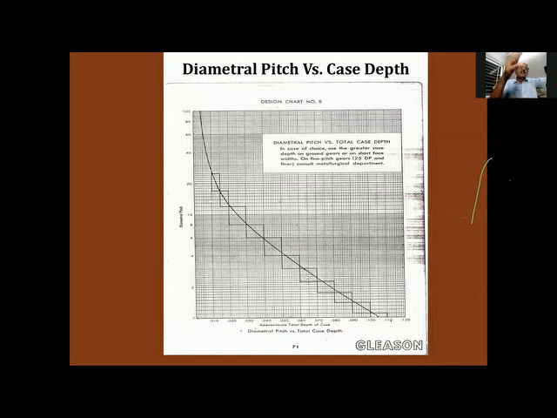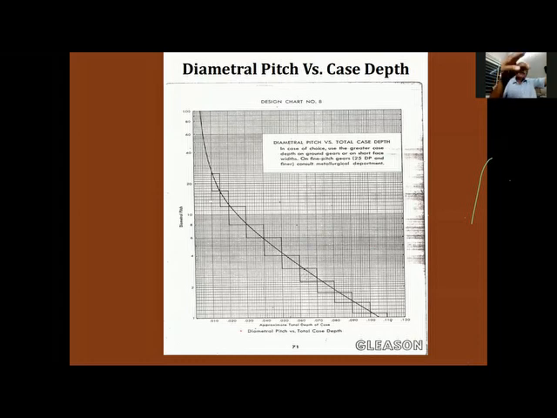If it is at the middle range, like 33 to 38, then naturally the case depth can also be kept near the nominal value which we get from here. Whereas if core hardness is more than, let's say, 38 to 45 HRC, then the case depth can be maintained on the lower side of the specification.